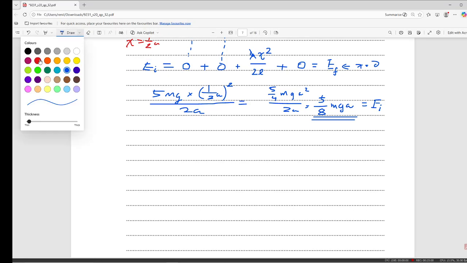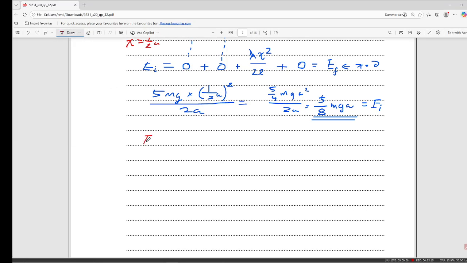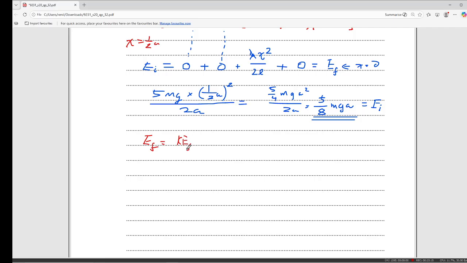Going back, now let's write the formula for finding the final energy. Ef equals kinetic energy finally, plus gravitational potential energy in the final stage, plus elastic potential energy, plus work done by friction, final. Okay, and this is equal to the initial energy, which is equal to 5 by 8 mga.